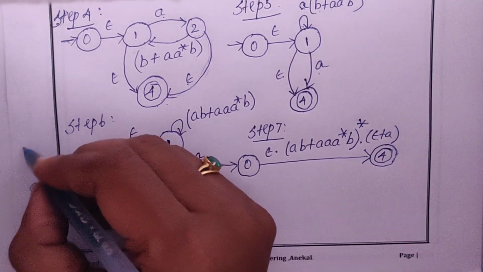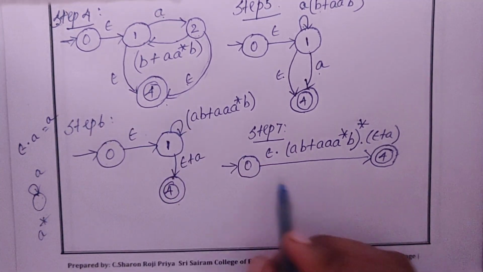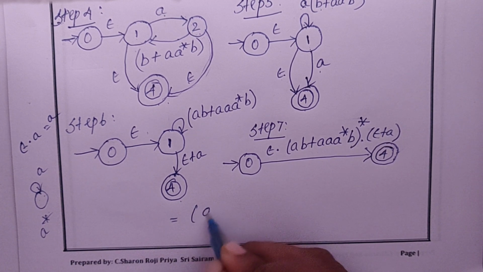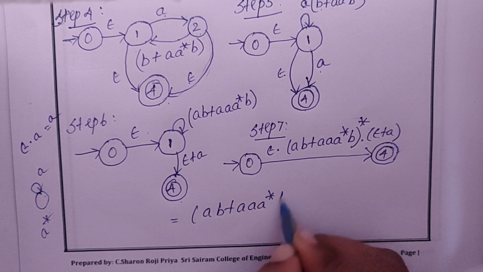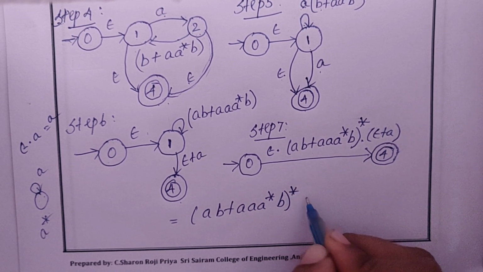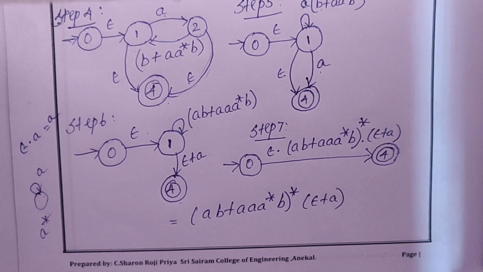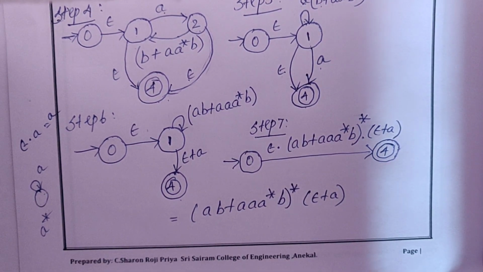Right, I'll tell you, epsilon dot A is nothing but A. Right, so what will be your final regular expression? It is AB plus A star B the whole star, epsilon plus A. This is your final answer. Thank you.